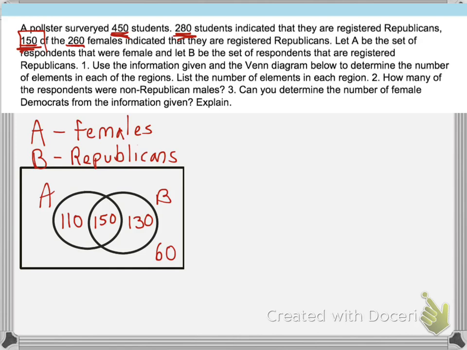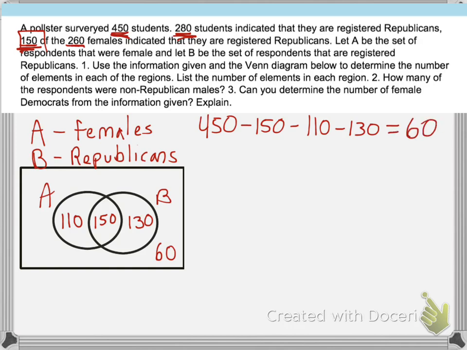So now we've taken care of setting up the Venn diagram. Again, that 60 came because we took our 450, took away what we already had: 150, 110, and 130. And that's where the 60 came from.